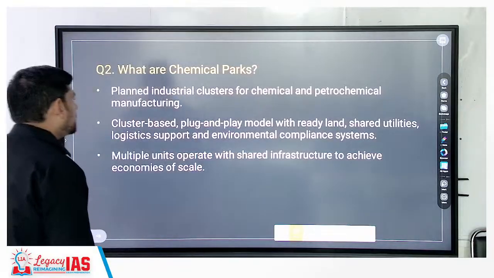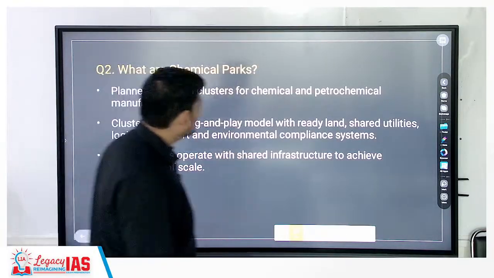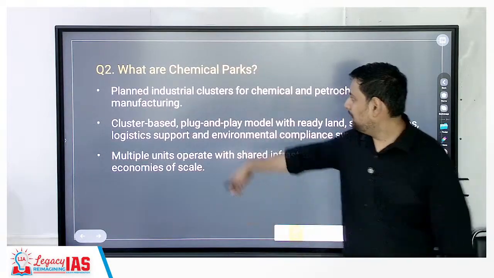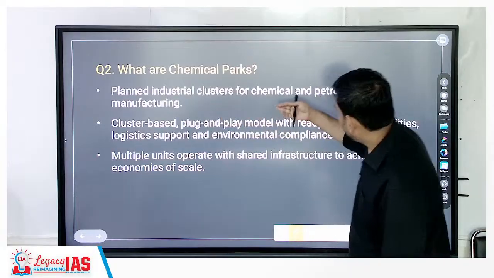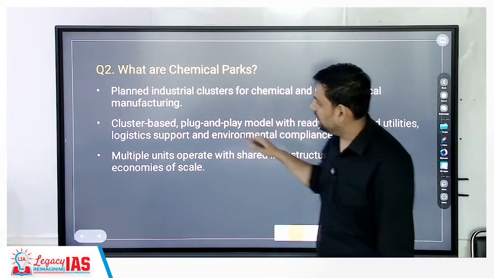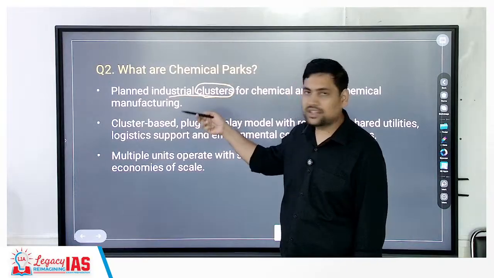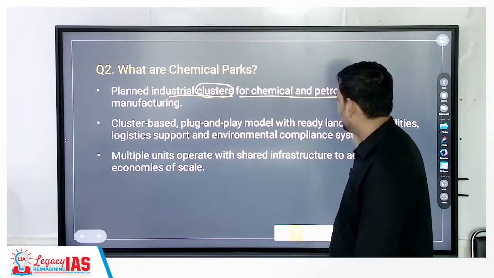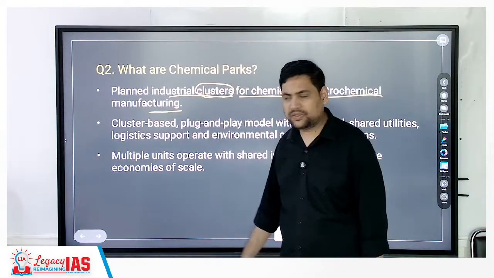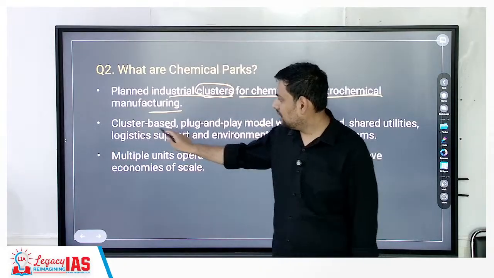Now, what are chemical parks? They are planned industrial clusters for chemical and petrochemical manufacture. As I told you, I've used this word a lot, industrial clusters. Cluster based, correct?